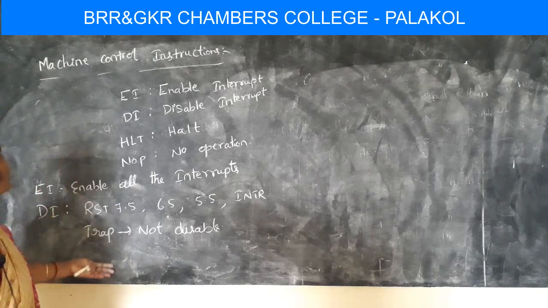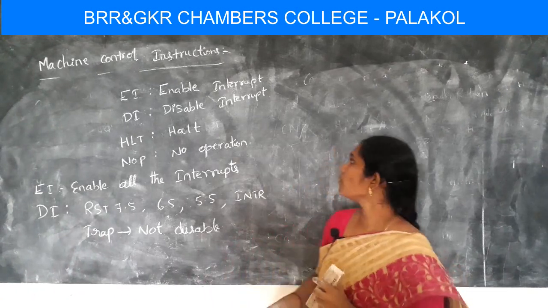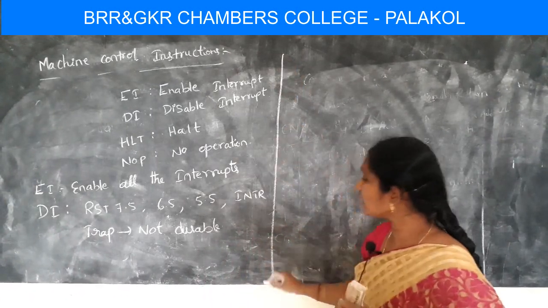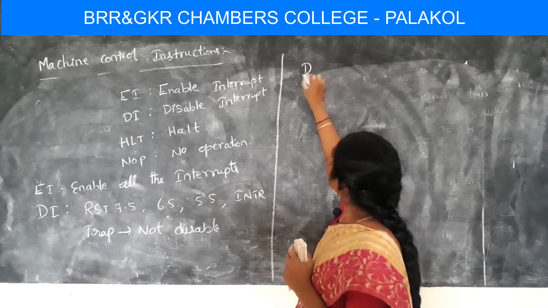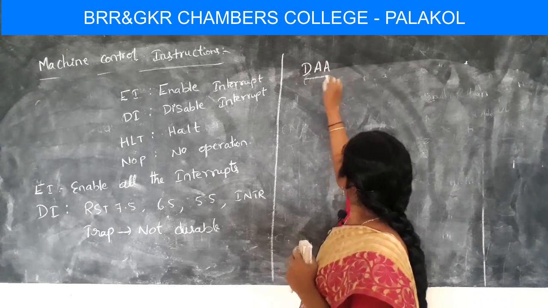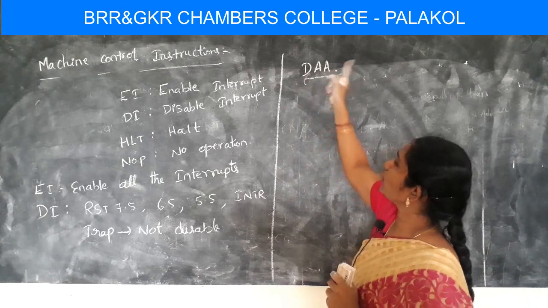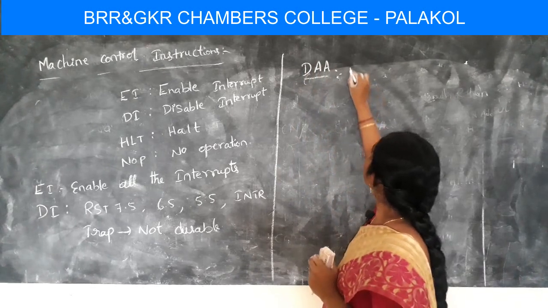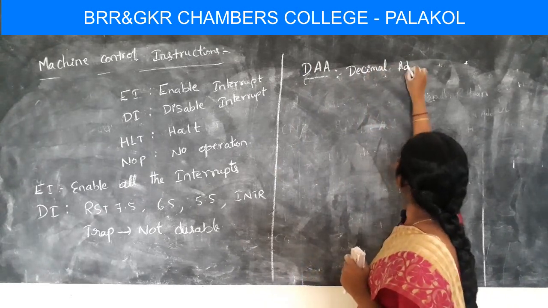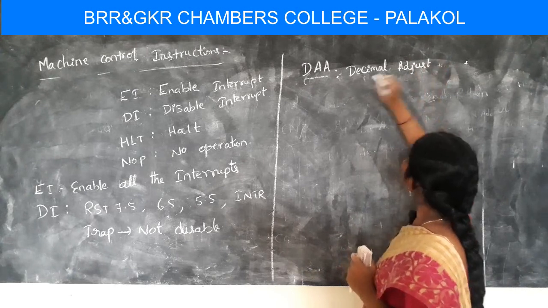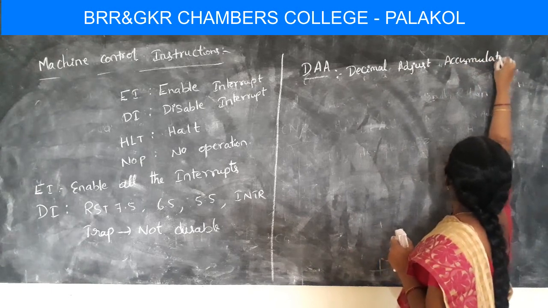So these are the machine control instructions. Some additional instructions are also there. Those additional instructions are DAA. DAA is nothing but decimal adjust accumulator.